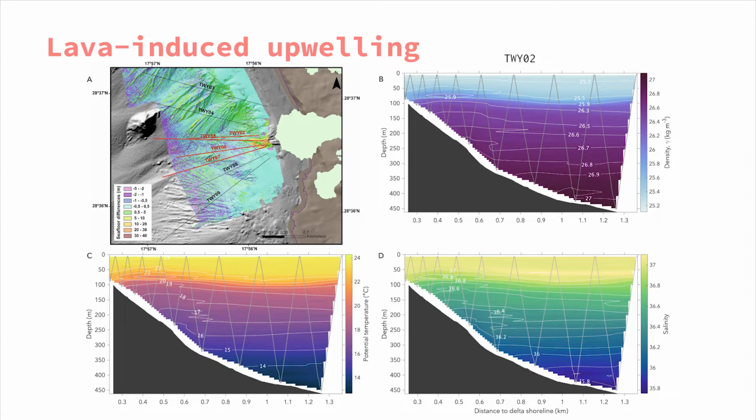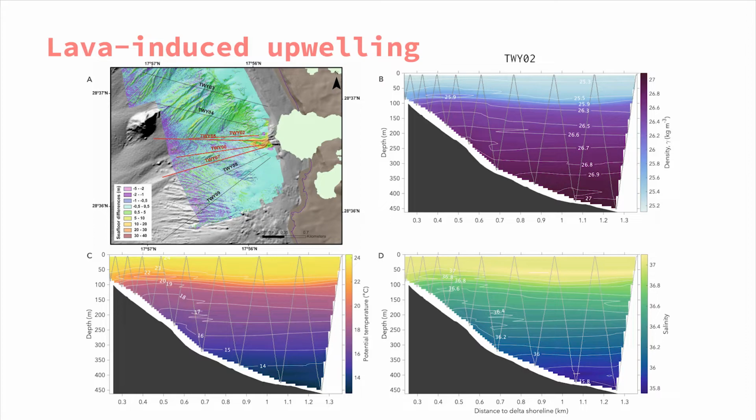And when it rises, it has to be substituted by deeper water that is colder and richer in nutrients. This is data from 1 month after the first contact, but the lava was still arriving. The delta was already formed, but there were still lava inputs.